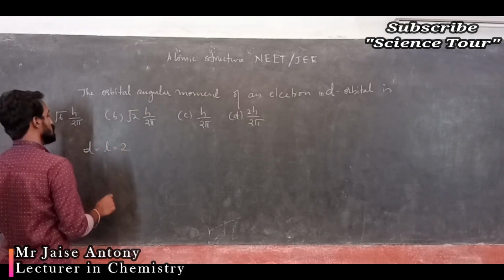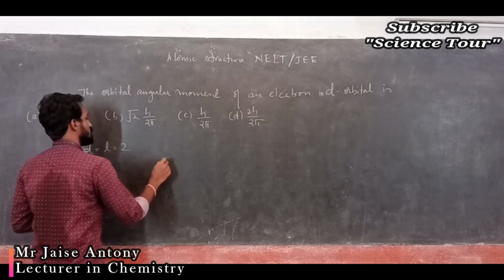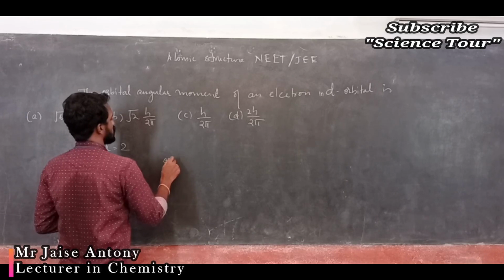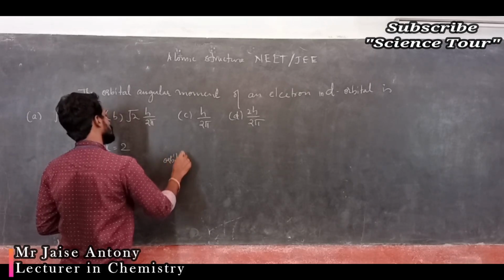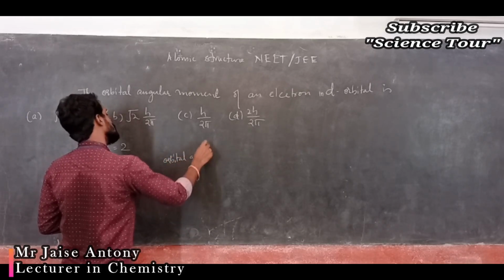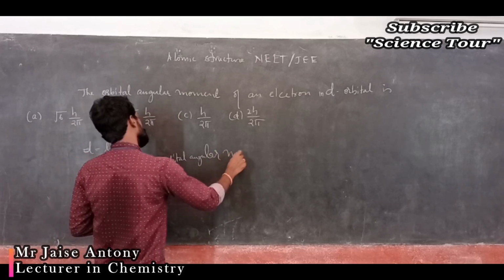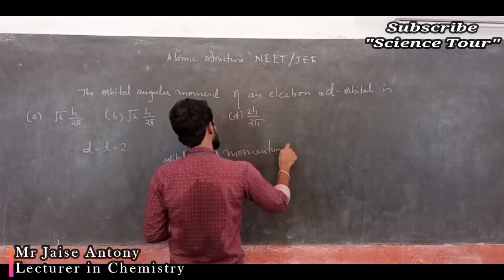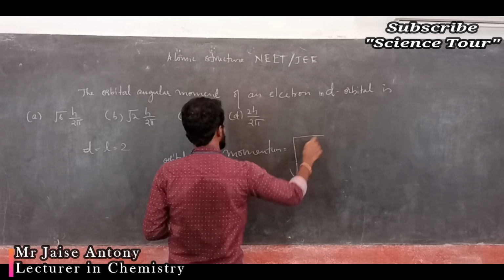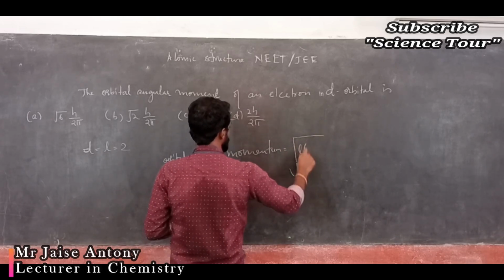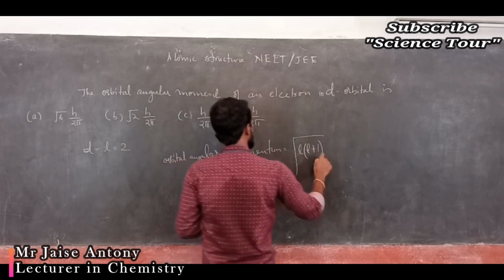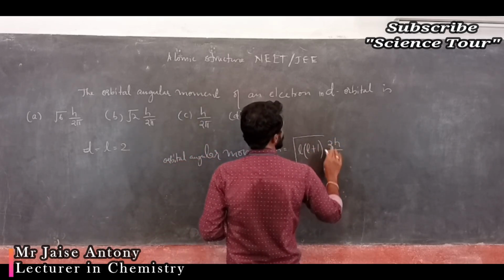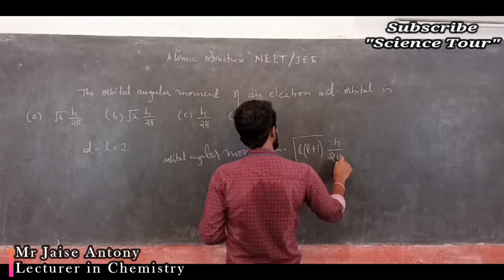It is 2. Correct? So you know the orbital angular momentum is the square root of L into L plus 1, times h divided by 2 pi.